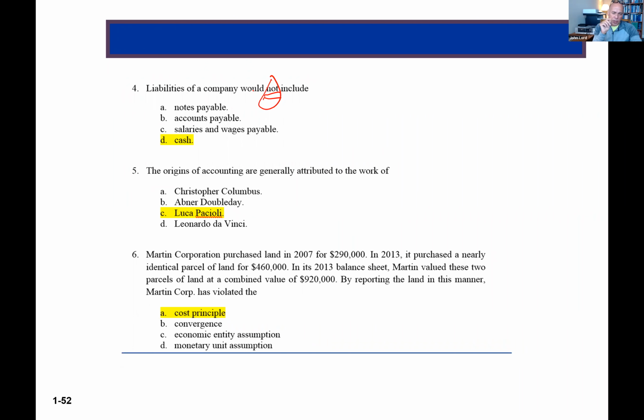Pacioli wrote about it in his journals, and sometimes he's called the father of accounting. Sometimes people say he invented it. He didn't invent it. He just wrote about it in his journals, but he wrote about a lot of other things.